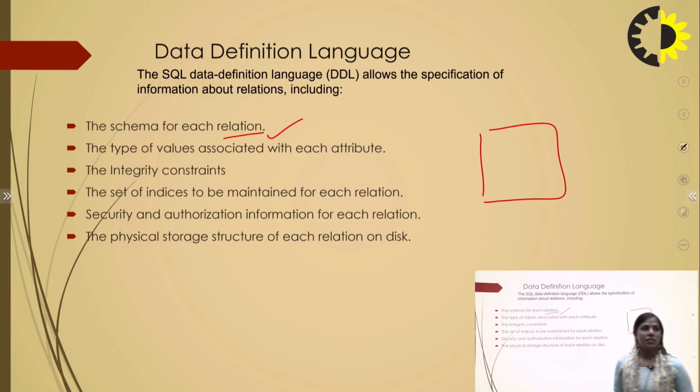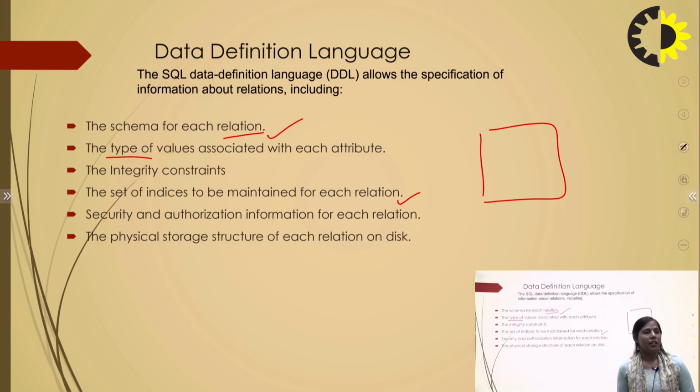Then it defines the type of values associated with each attribute, what data type is included and what the column values are. A column value we call a tuple value or attribute value. Then we define the integrity constraints. Then it includes the set of indices to be maintained for each relation. What are the indices going to be? Then we provide security and authorization information for each relation, or each table.